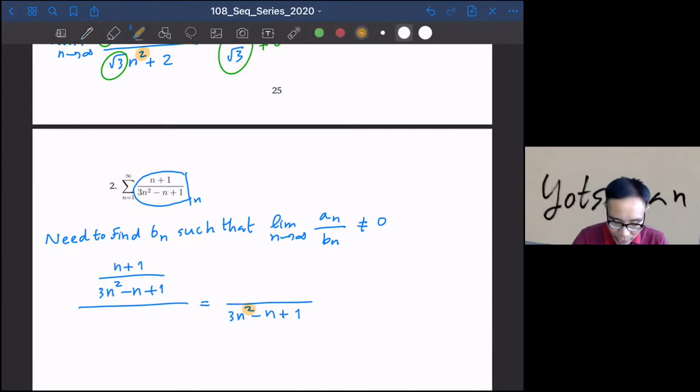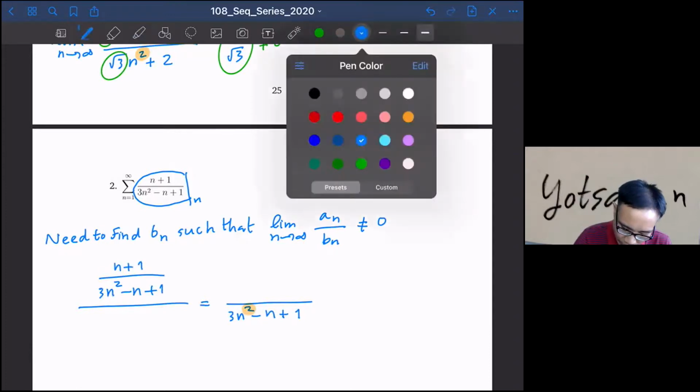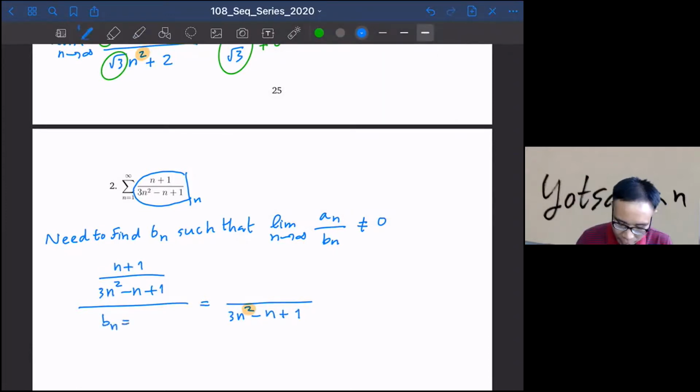So you will need something, let's say Bn, that makes the top n squared, because we need the same power.